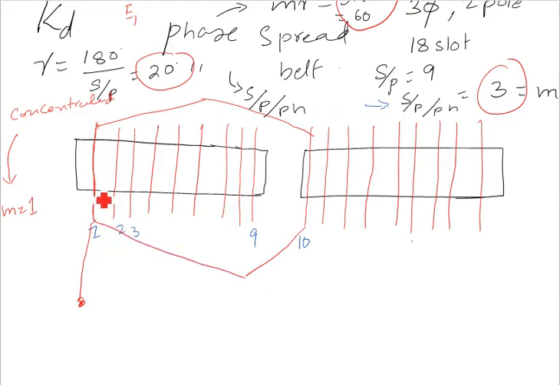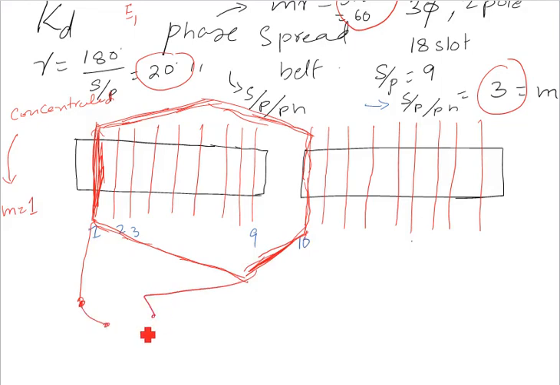The second winding again follows the same path, and so does the third EMF. So all three EMFs are on the same conductor, and from the third I take out the output of the R phase.